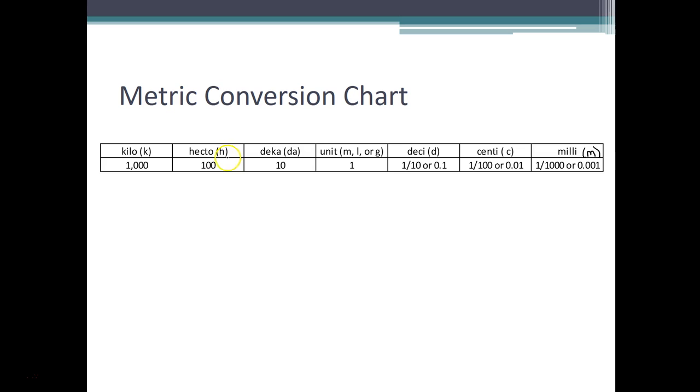Now, if you're doing conversions, let's say you want to go from kilometers to millimeters. Over here on this end is the larger, and I have it in descending order. If you're going from larger to smaller, you're going that direction on the chart, you're going to multiply by a power of 10 to do your conversion.